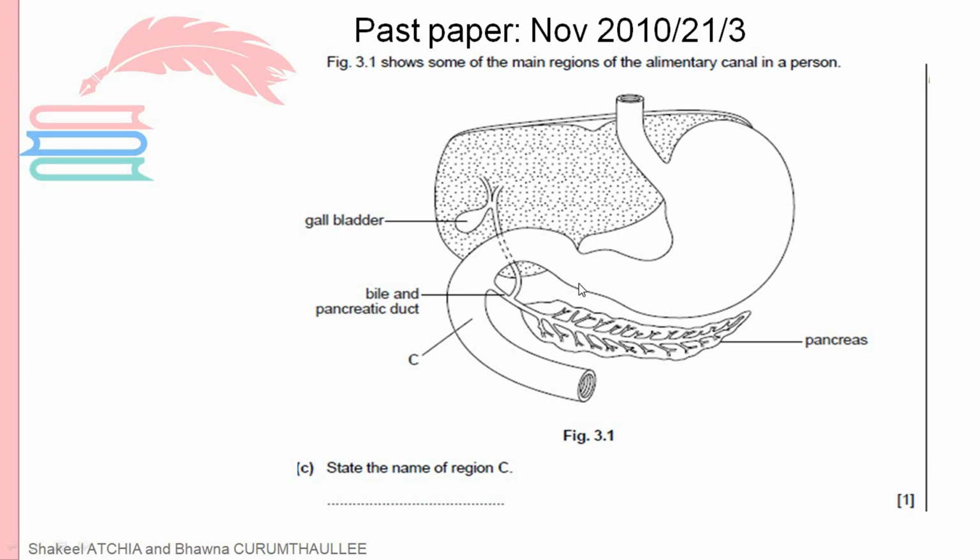You are asked to identify region C. So C is the first part of the small intestine known as the duodenum. Please note that you have to write the terms correctly. Duodenum.